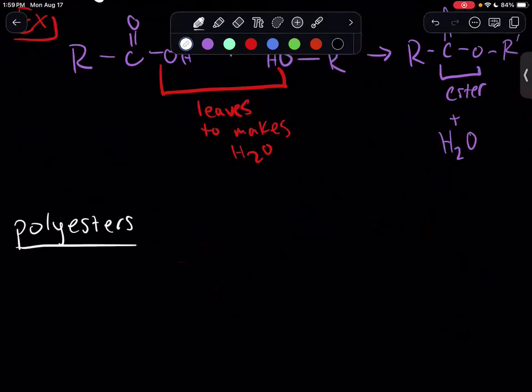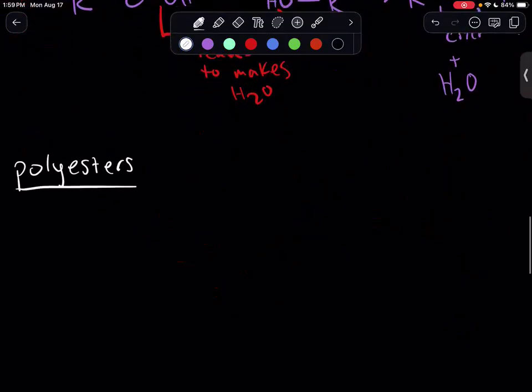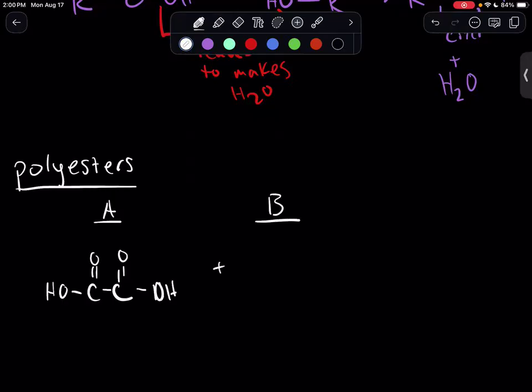something that we must have is monomers that can do it on both sides. So we might have monomer 1 or A have two carboxylic acids, a dicarboxylic acid, with OH, OH, and then we can add that to B, which in that case is going to be a diol.